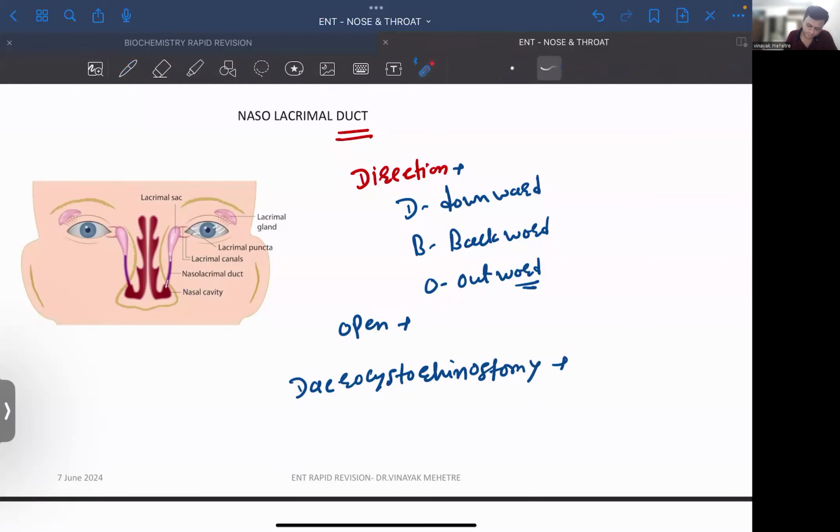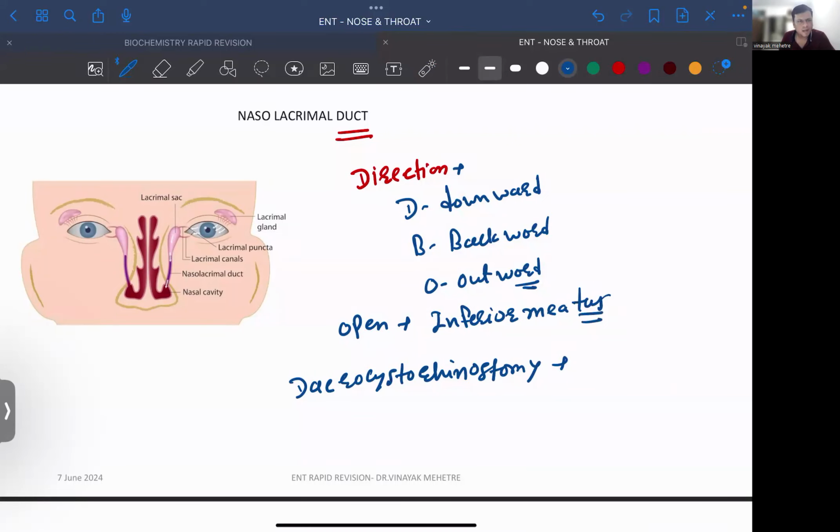If you are smart enough, you would have seen it already. But the problem is we get confused, sir. Yes, it opens in the inferior meatus, right? It opens in the inferior meatus.